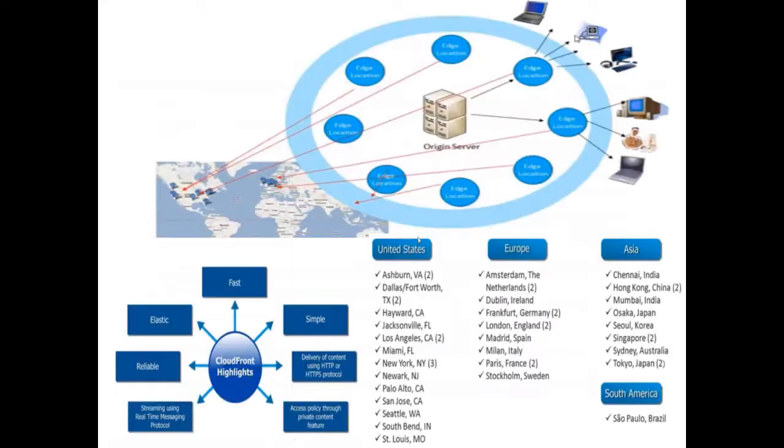As discussed in the previous slide, you can see a list of CloudFront locations in United States, Europe, Asia, and South America, listed below. Now, let us look at the diagram on top. When a user wants certain data or a media file, it accesses the media files through a particular S3 location in any of the mentioned regions.